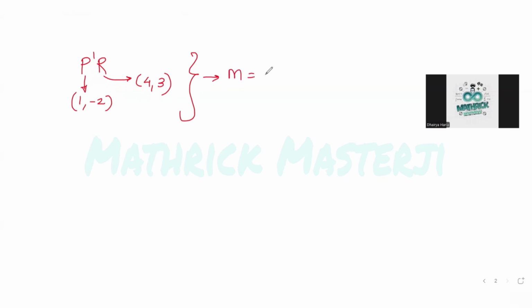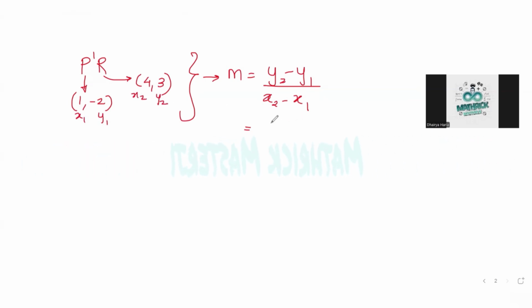Before finding the equation, I'll first find the slope. The slope is y2 minus y1 divided by x2 minus x1. Taking P dash as (x1, y1) and R as (x2, y2), I get 3 minus (-2) divided by 4 minus 1, so you get 5 over 3.